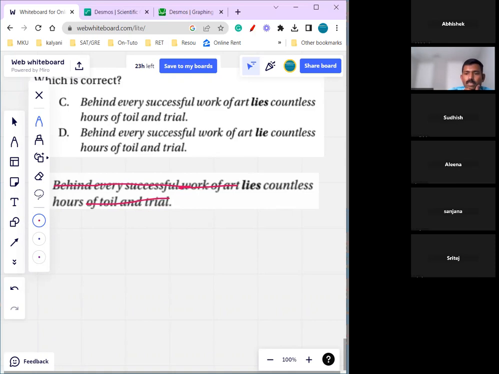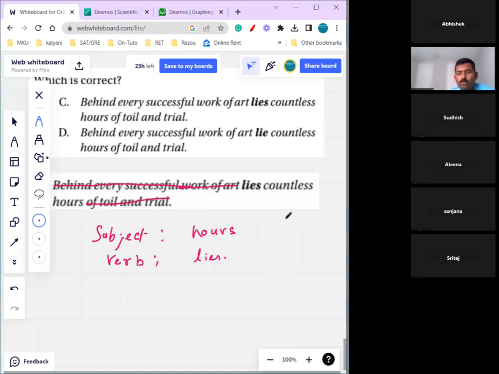Now we can see carefully that the subject and the verb are inverted. The subject is hours, and the verb is lie or lies. Normally the subject comes first and then the verb, but in some cases you see the subject, hours, come after the verb, lies.